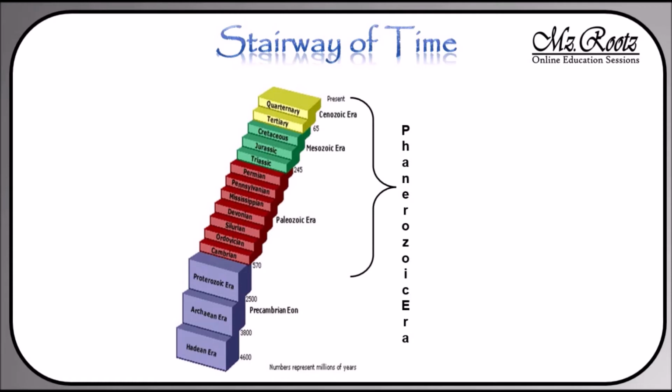The word fossil means things dug up, but now we usually use it to refer to any evidence of past life buried in the ground. It is by studying fossils that we first began to discover how much really happened on Earth.